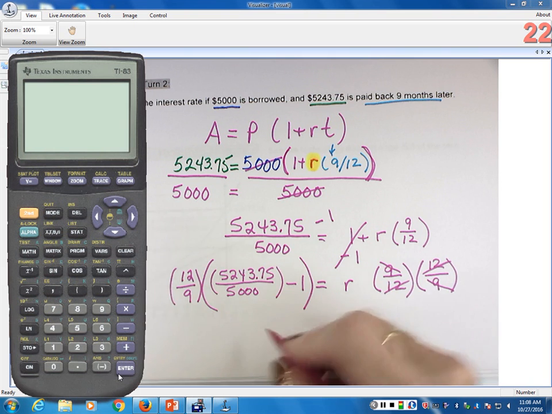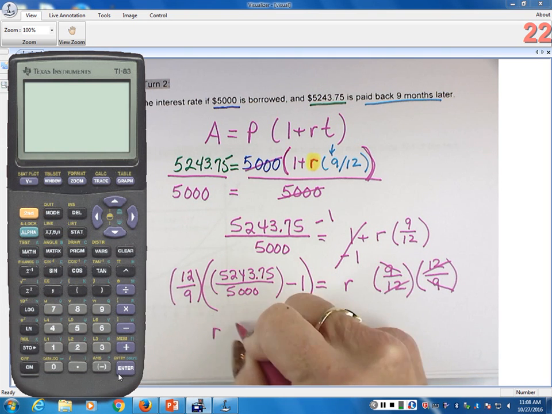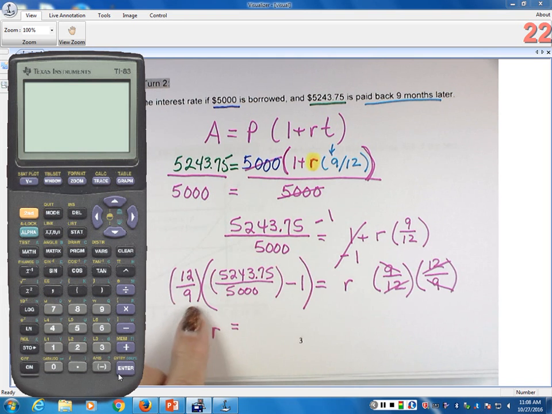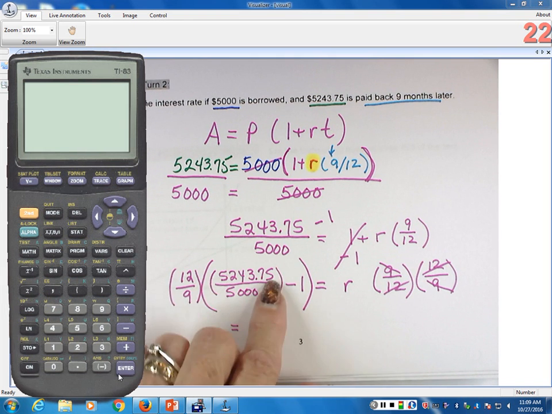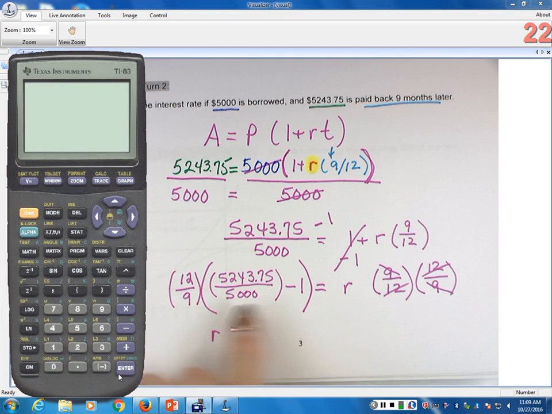And my interest rate then is equal to 12 over 9 times the quantity $5,243.75 over $5,000. Subtract 1. I have to do everything inside the parentheses first.